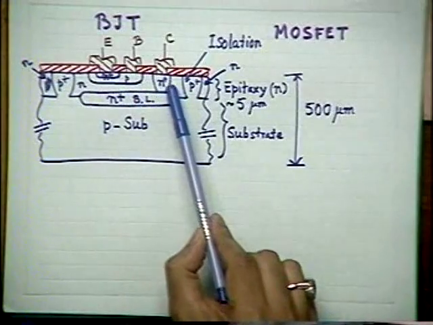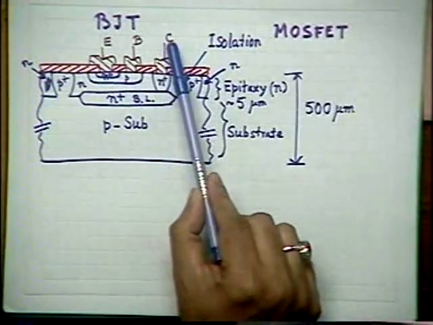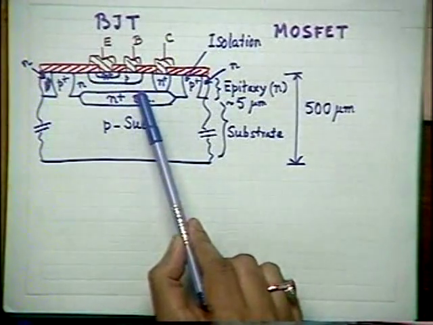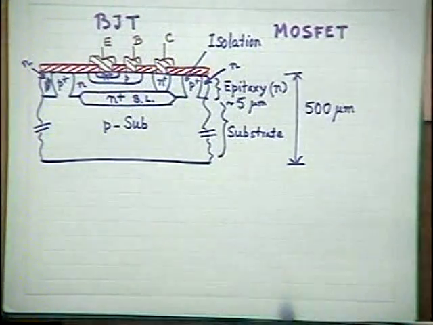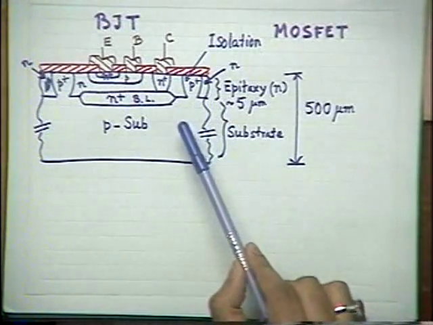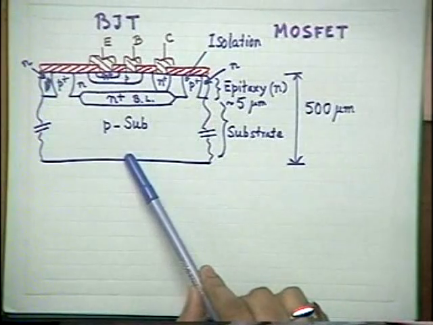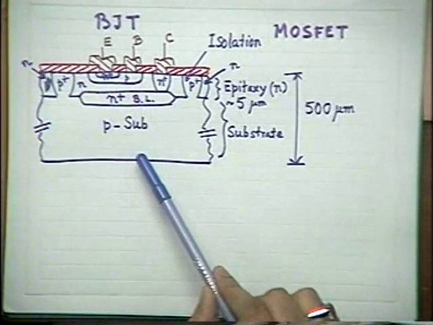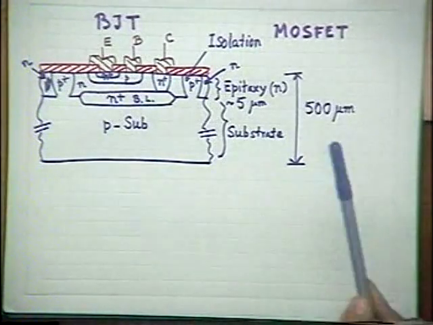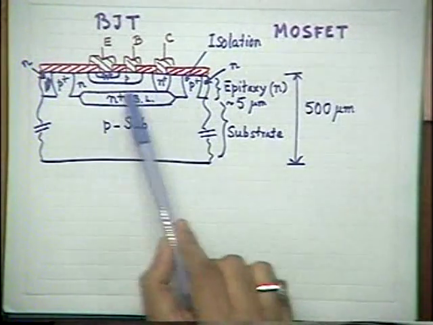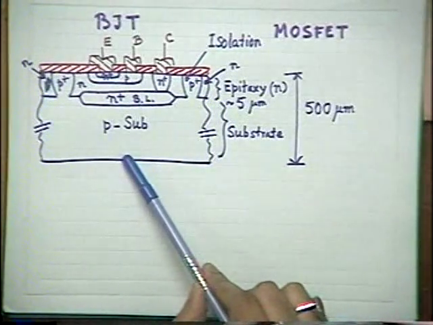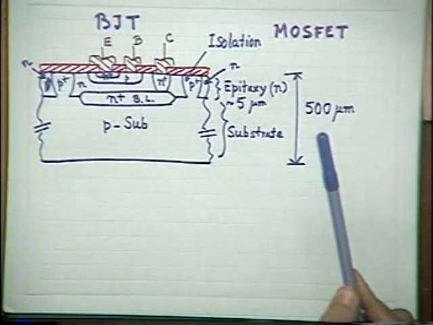So for example, this N-type block is nothing but the collector of the transistor, and this is an NPN transistor, so the collector gets that maximum positive voltage with respect to emitter. So automatically, and sometimes either you keep the P-type substrate grounded, or sometimes you can also keep it at a large negative potential depending on the application, so that all such islands situated on the P-type substrate are reverse biased.